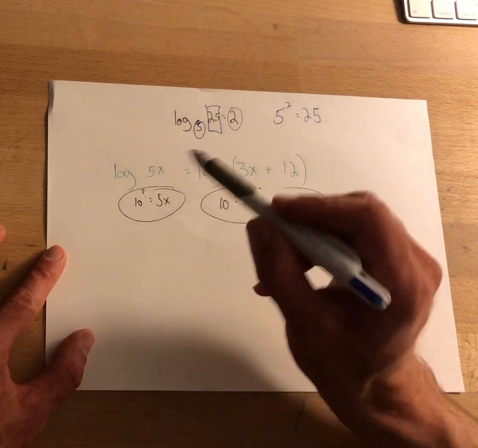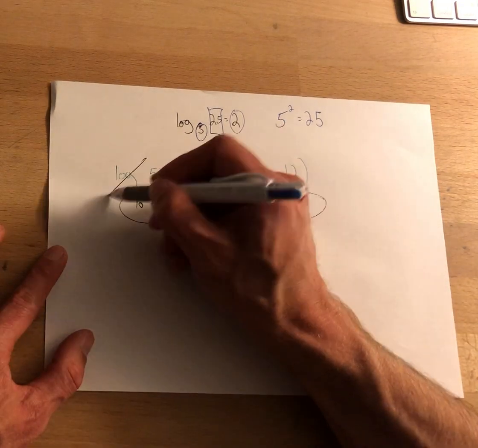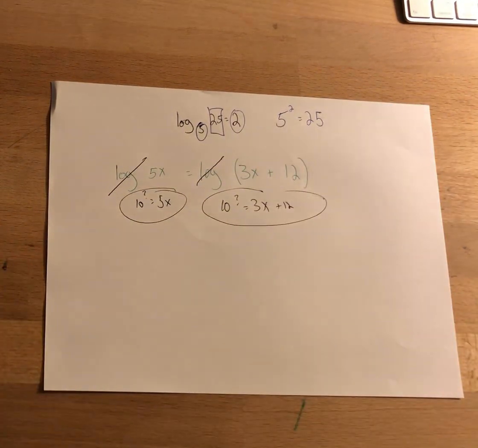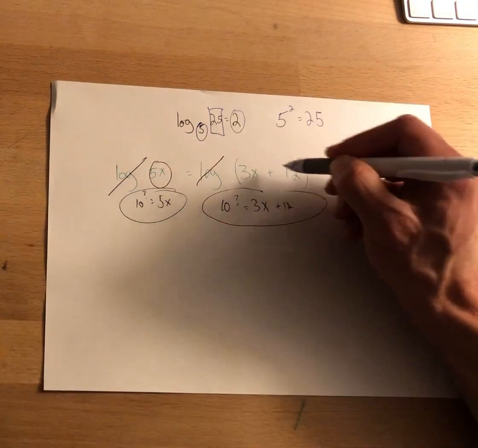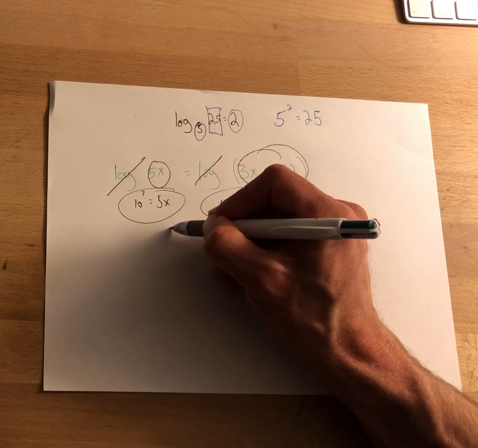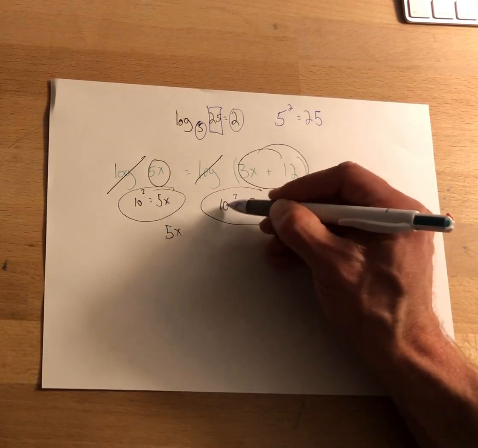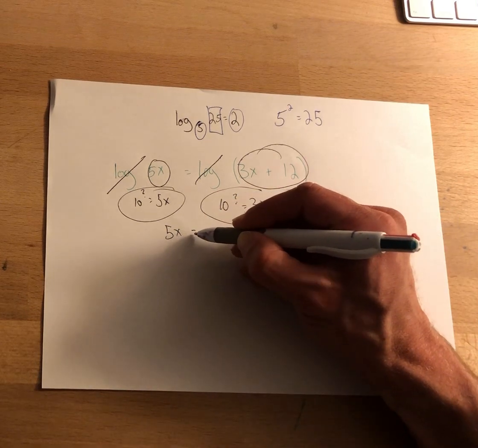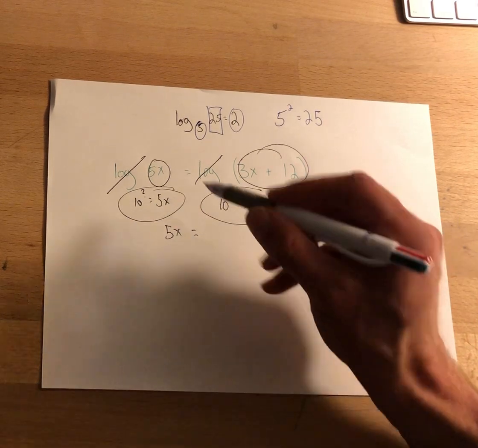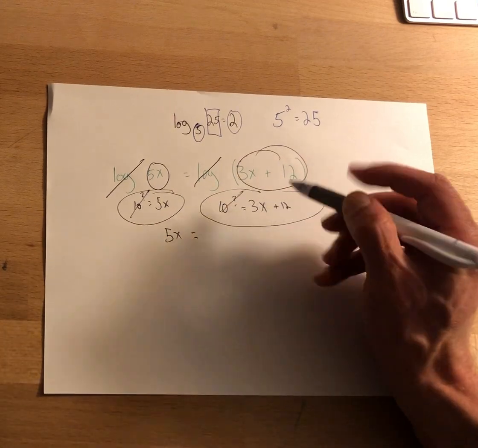So if you understand this concept, then technically these logs are gone, and these values are just exactly the same. So this value right here, 5x, because 10 raised to some number equals 10 raised to the exact same number to give us this same value, has to equal this value.